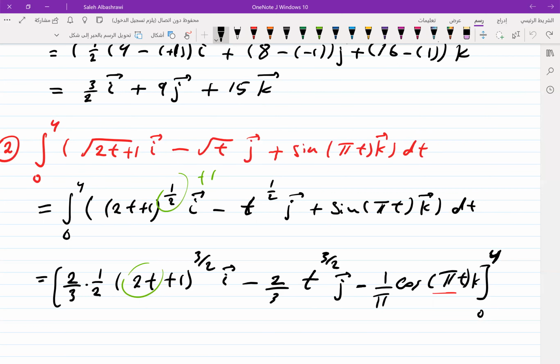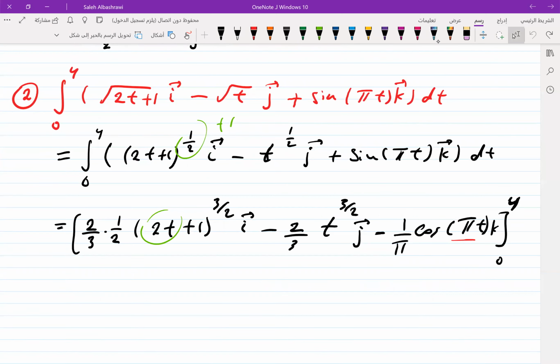Now evaluate what's given there for the limits. The first one will have 1 over 3. Replace t by 4 first: I will have 8 plus 1 to the power 3 over 2, minus, now replace t by 0, it will be 1 to the power 3 over 2.